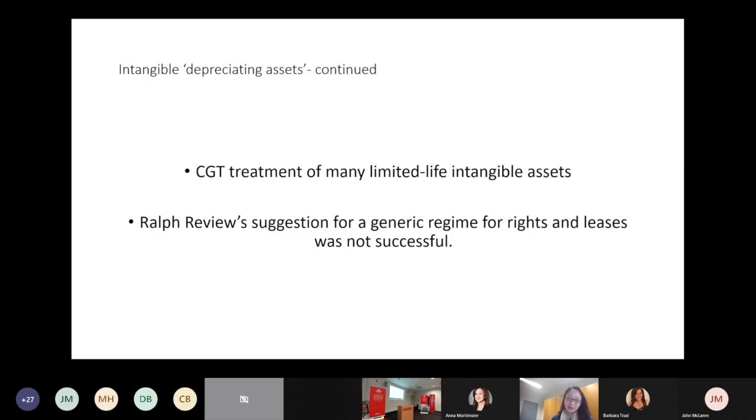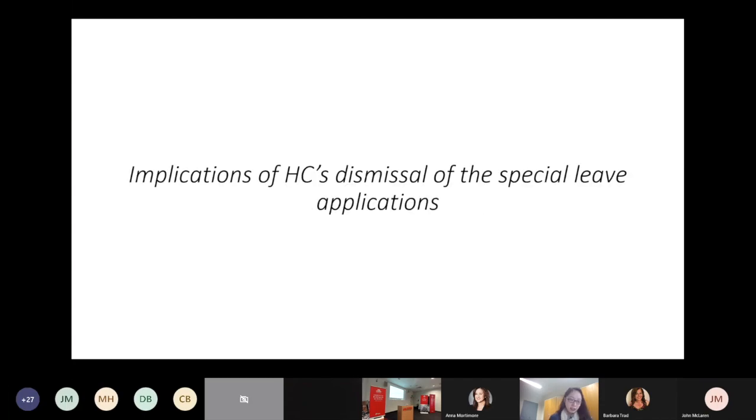So I will just move on to, I think we all know how the CGT treatment works, and Ralph has suggested to introduce the generic regime for rights and leases, but it was not implemented. So the implications of Healius, the dismissal of the special leave application lodged by the Healius represented a lost opportunity to revisit the judicial standing of BP Australia in the 21st century.